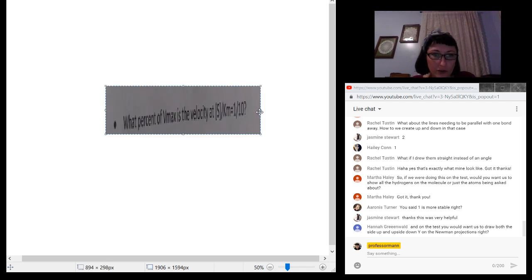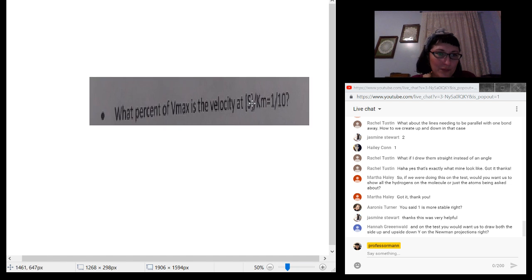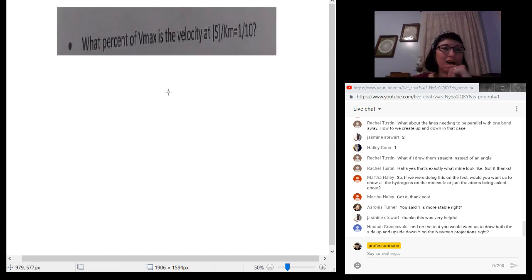Oh, that got ugly. Sorry. What percent of Vmax is the velocity at substrate over Km equals 1 over 10? Oh, I did the wrong one. I just highlighted the wrong one. I'm sorry.